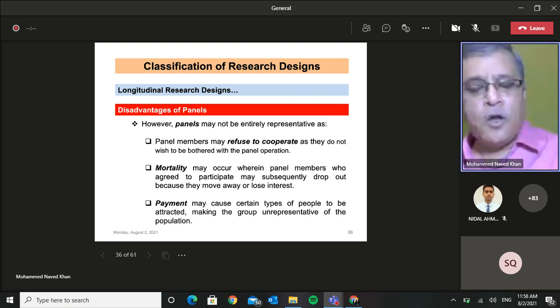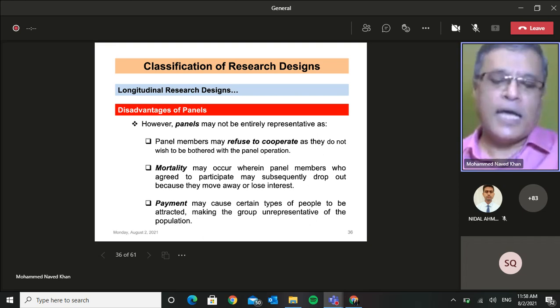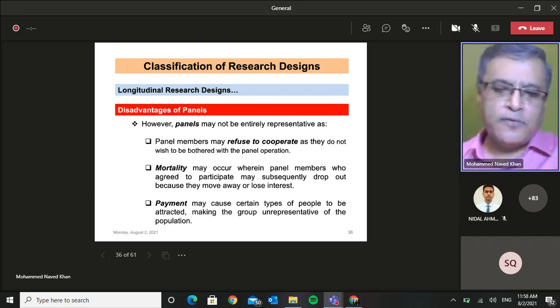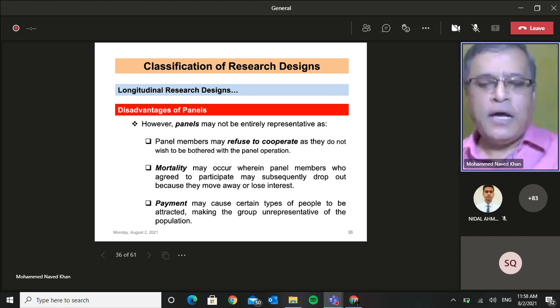Another possibility is that the doctor was part of my panel because he or she stayed in a particular locality of the city, and I wanted this doctor to represent that locality. Suppose the doctor shifts residence to some other locality. Now that doctor is no more representative of the group he or she was supposed to represent earlier, so I have to look for a substitute.